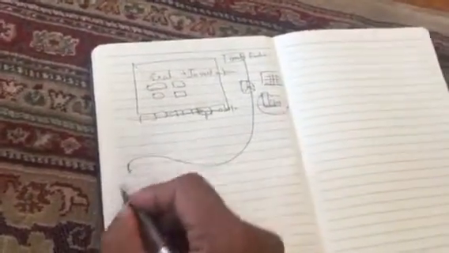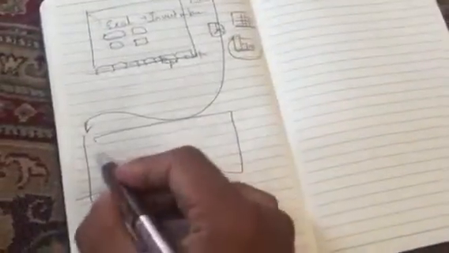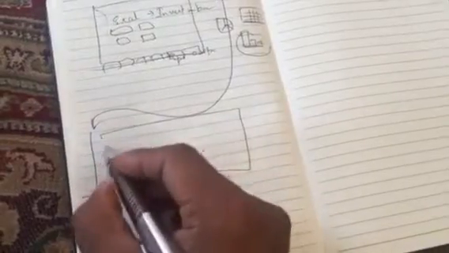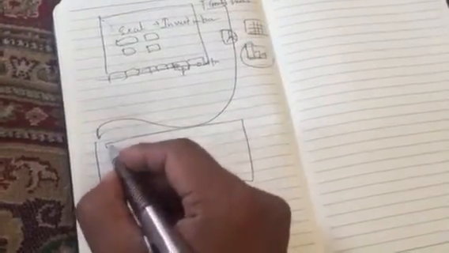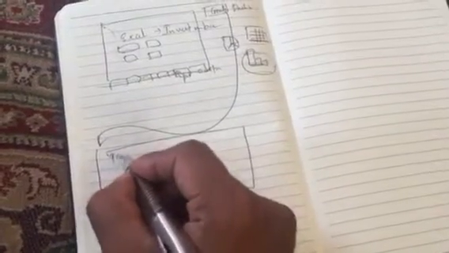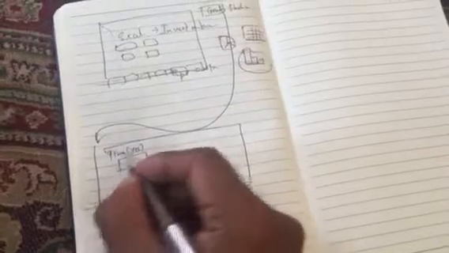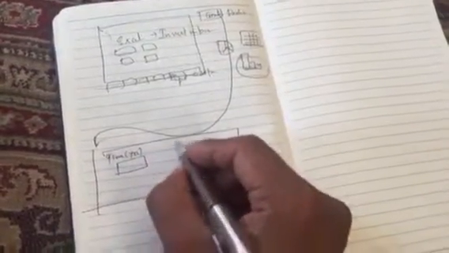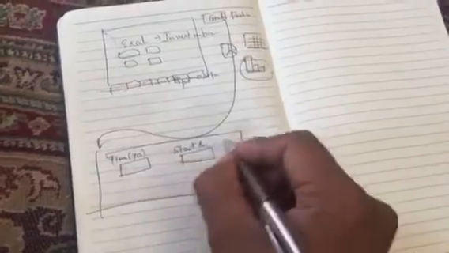That will take him to a new screen. In the new screen, the inputs will be scattered here. So let's say the input is time in years. That's the label. Here he gets to enter the time. Start date, he gets to enter the start date.